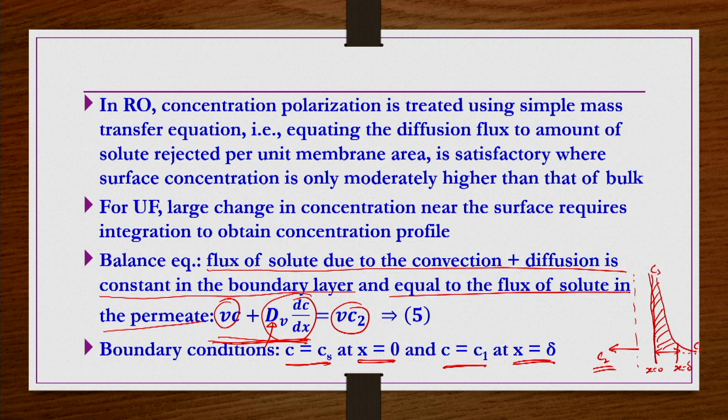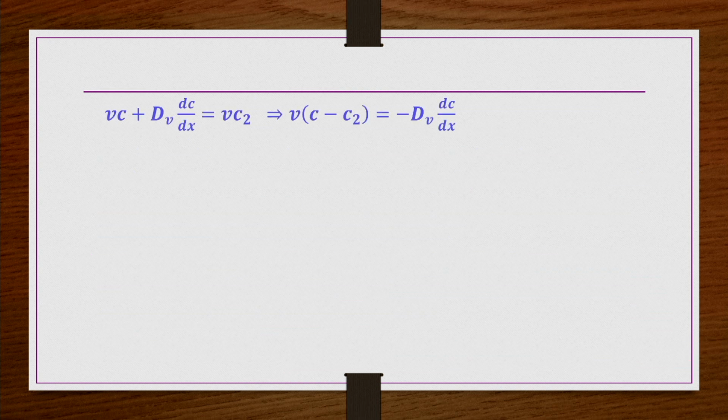From this point onwards the concentration everywhere is C1. Now you solve this equation and apply these boundary conditions, and then you will have an expression to get Cs as a function of C2. That is what we are going to do now.